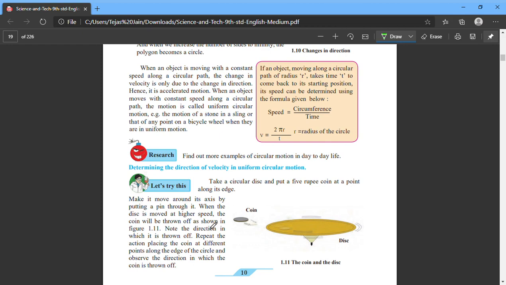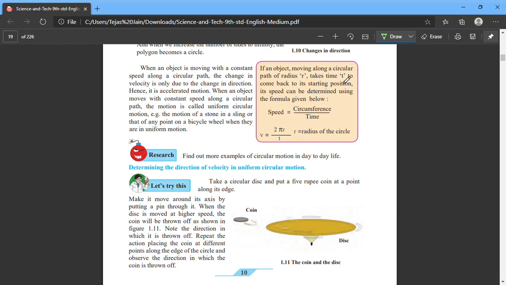Therefore, this motion is called uniform circular motion. Examples of uniform circular motion are the motion of a stone in a sling or that of any point on a bicycle wheel when they are in uniform motion. These are the two examples of UCM, that is uniform circular motion.